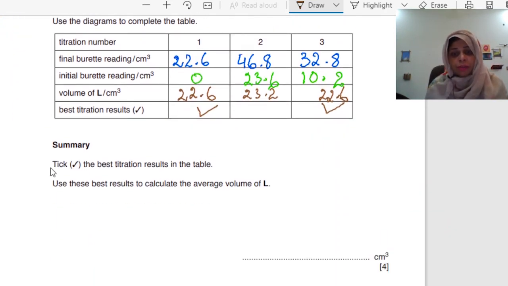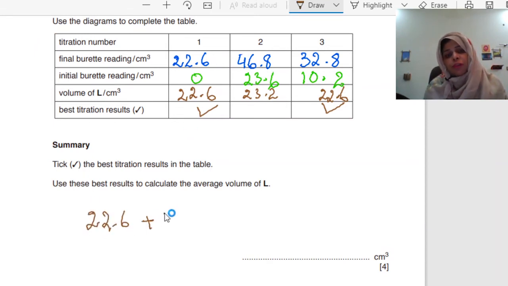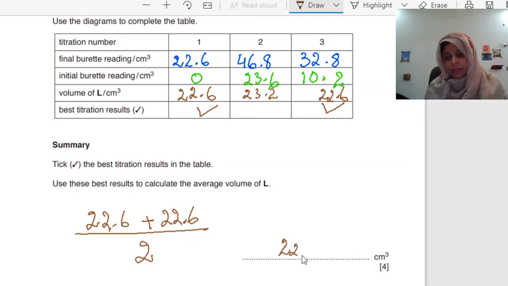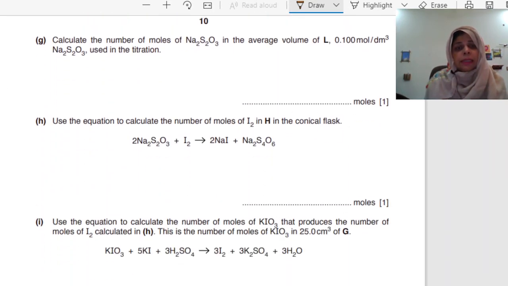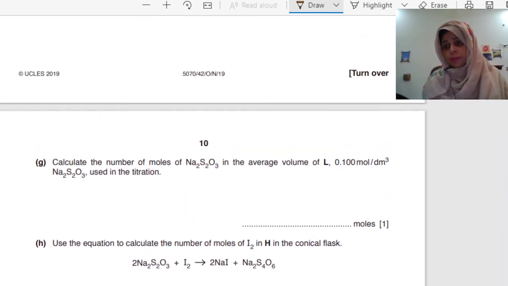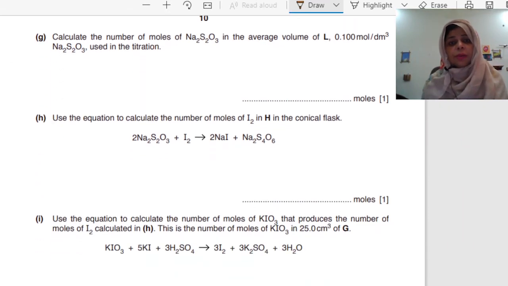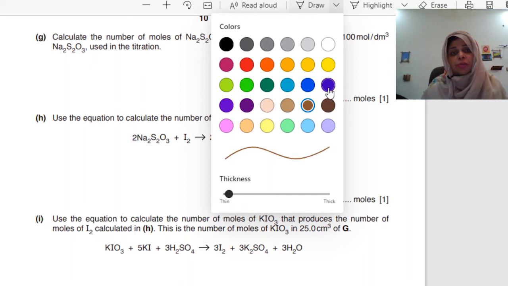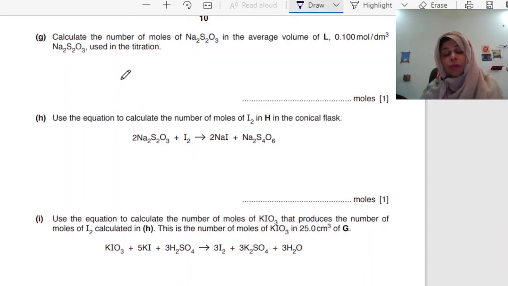The way to calculate the average volume is 22.6 plus 22.6, divided by 2, so we get 22.6 centimeter cubed. So use these results to calculate the average volume of L. In the next step, calculate the number of moles of sodium thiosulfate Na2S2O3 in the average volume of L. The concentration is given.